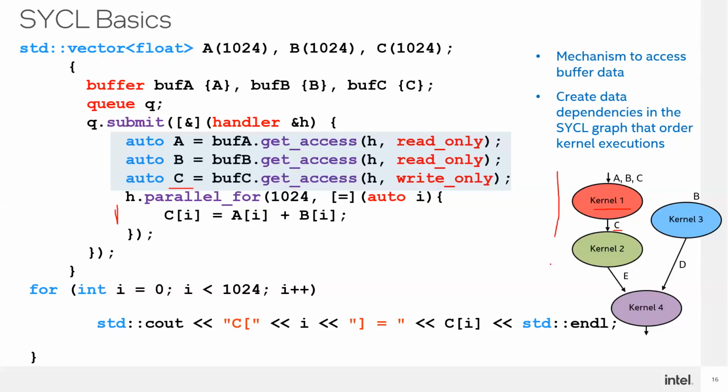So all this is done automatically by the runtime, and the correct scheduling of the kernels and the possibility to execute these kernels in parallel is a task of the runtime and the execution graph. And that's why we need not only buffers, but also accessors.